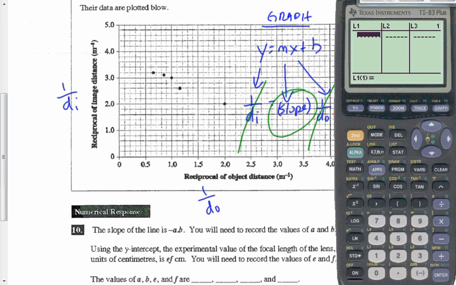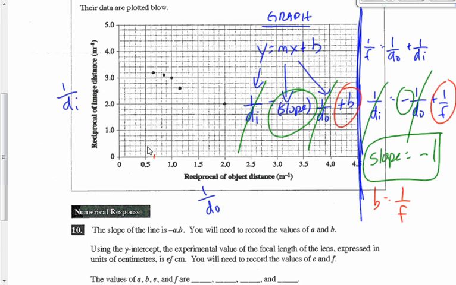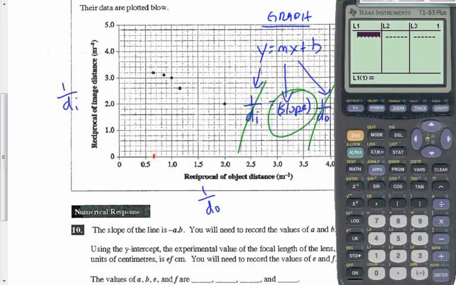Our first data point appears to be 0.65 on the x-axis. The second one appears to be 0.85. If you went down to the x-axis there, it's 0.85.